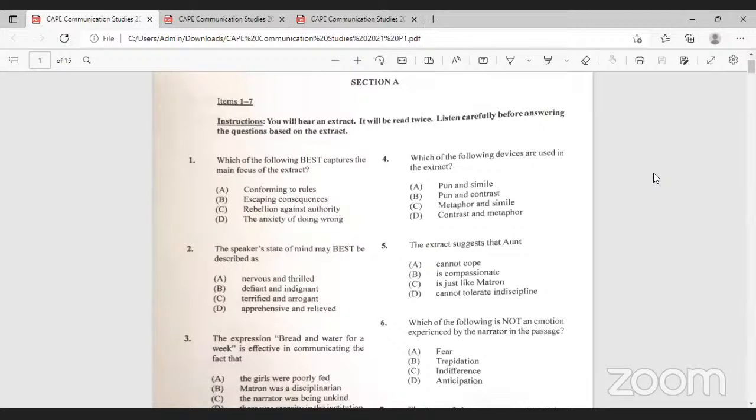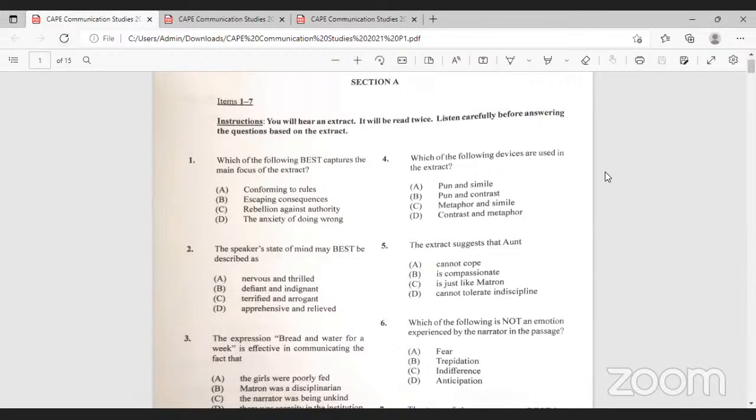Okay, B as in boy. So I'm saying B or D? We're saying D as in dog, anxiety of doing wrong. In terms of best, all of them apply somewhat to some degree, but in terms of the most suitable answer, I would say it is D.